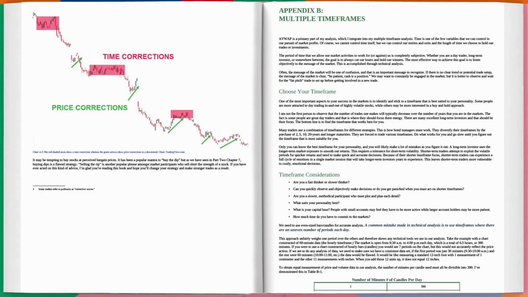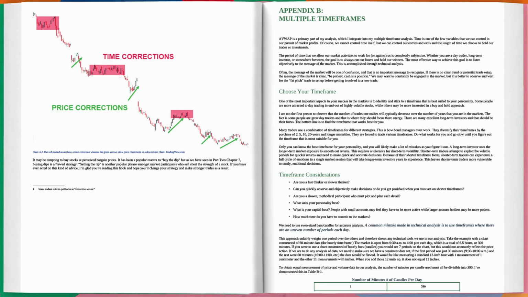If you were to use a chart constructed of hourly bars or candles, you would see 7 periods on the chart, but this would not accurately reflect the price action. If we are to do any analysis of data, we need to make sure we have a consistent data set. If the first period was just 30 minutes, 9:30 to 10:00 a.m., and the rest were 60 minutes, 10:00, 11:00, etc., the data would be flawed.